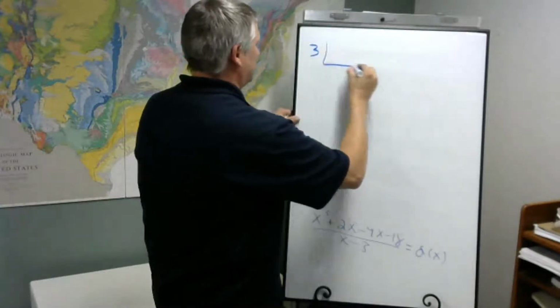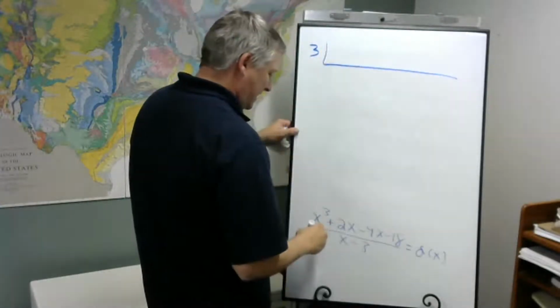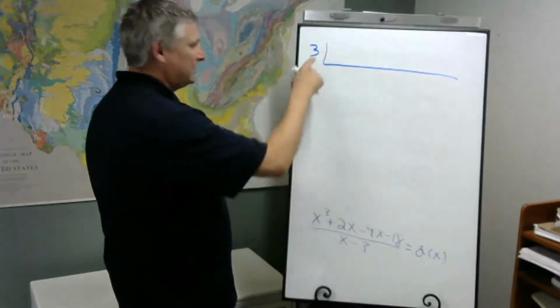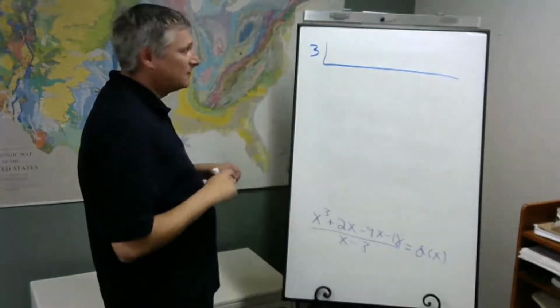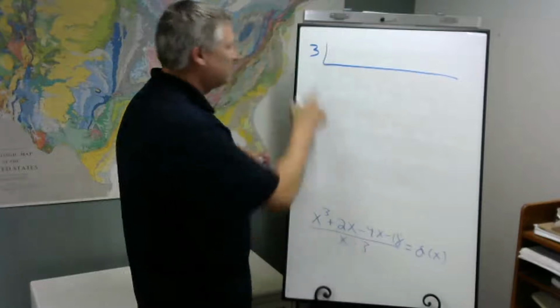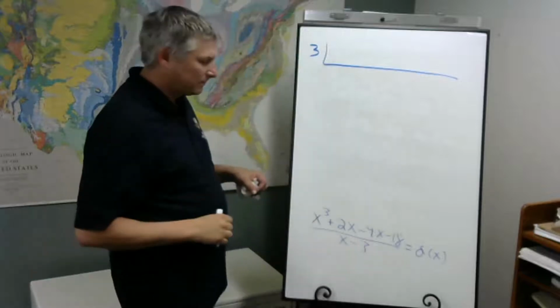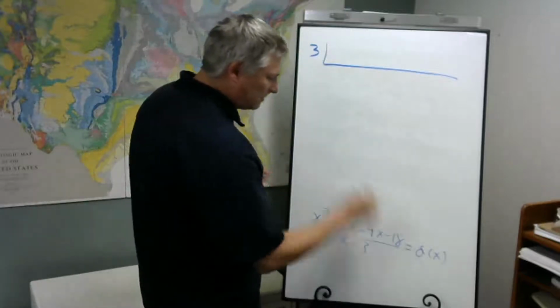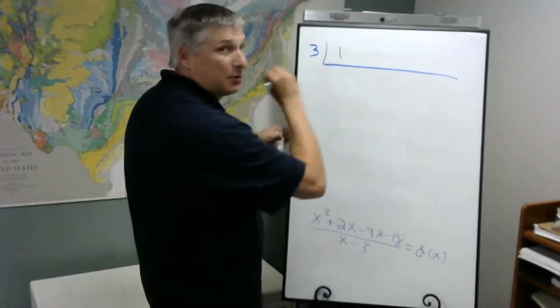So this is going to become 3. And again, if there's a minus in front of the 3, that's what we start out synthetic division with. If this is a plus, we would start this out with a minus. Now the coefficients, we don't change those. Those stay the same.